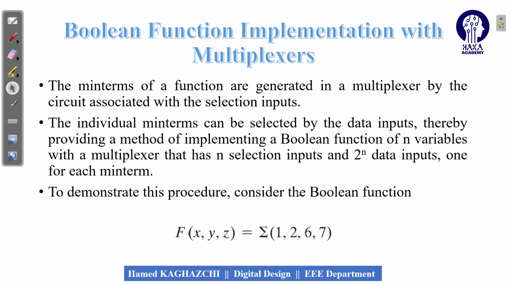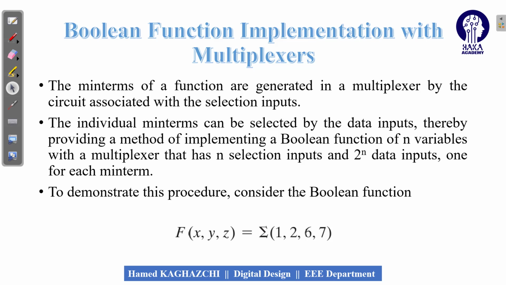Listen carefully. If we have a Boolean function of n variables and we want to implement it using a multiplexer with n selection lines, 2 to the power of n data inputs, and 1 output, how can we do it?